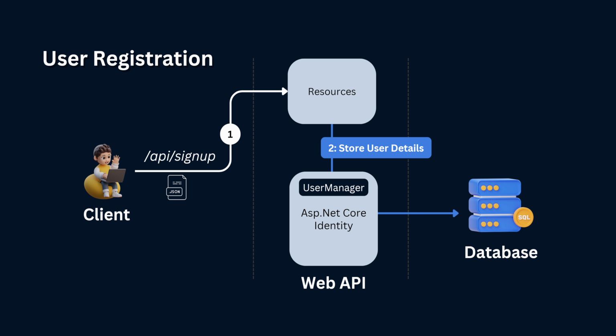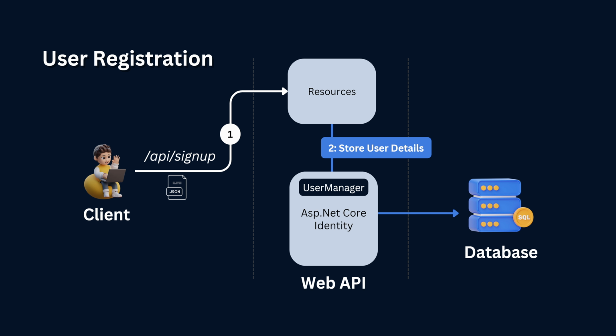So from the client side, we have made a post request into this URL. Along with the user details, we also pass user credentials like email and password. And the respective Web API method handles the request by saving the user details along with the credentials into the SQL Server DB with the help of ASP.NET Core Identity User Manager.